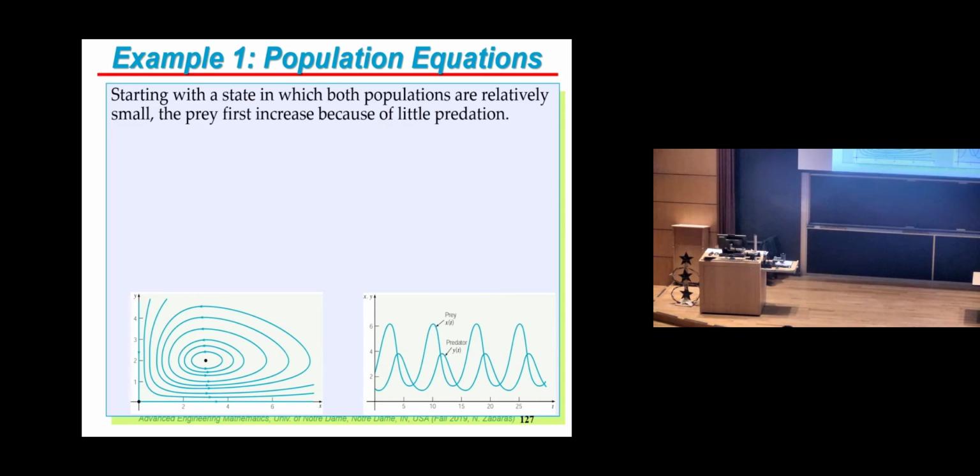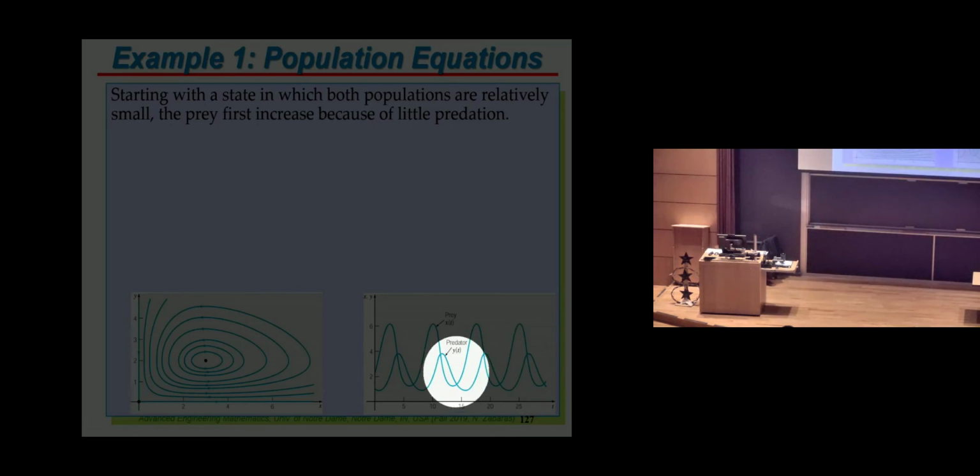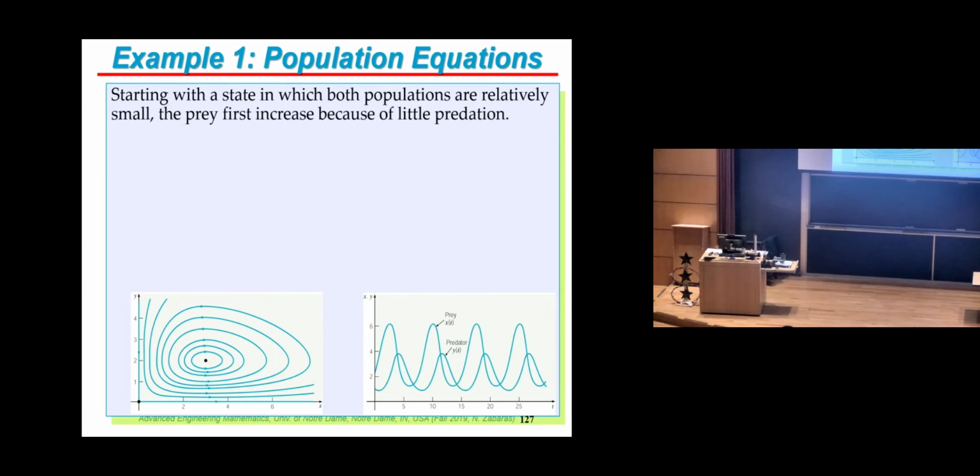And immediately you can see that the oscillation is sinusoidal-like. You can see that the predator is out of phase from the prey by some distance. That actually comes to be a quarter of the period of oscillation that you have here.